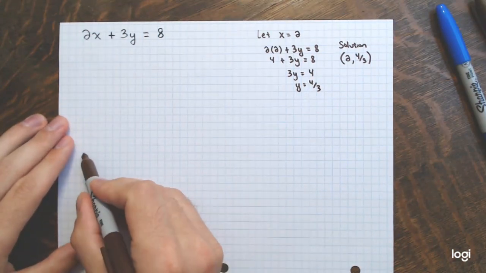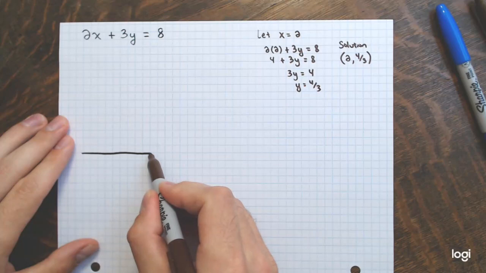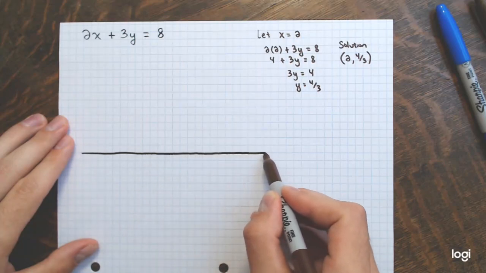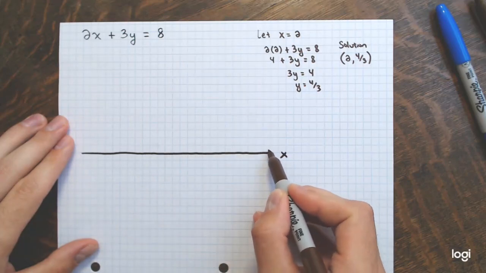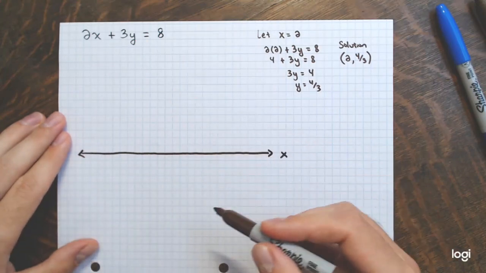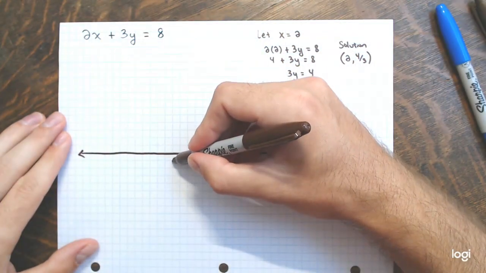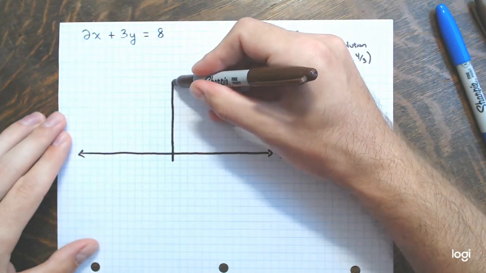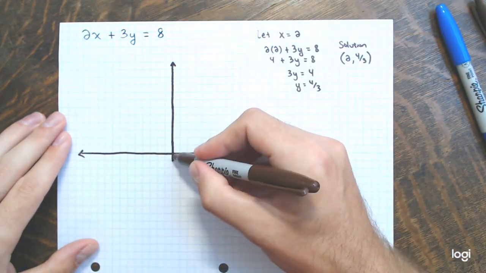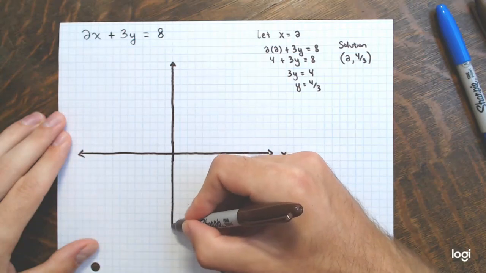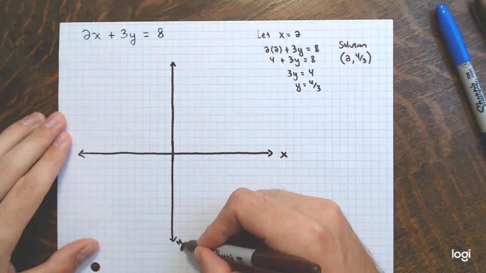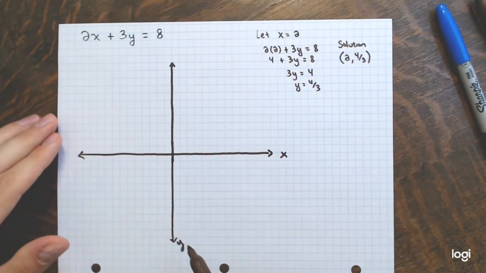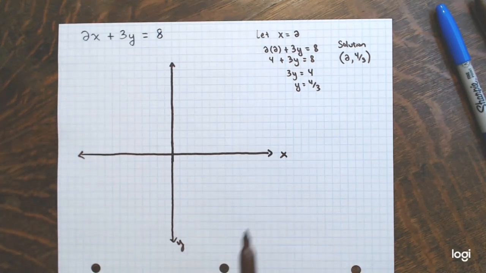So here's the horizontal x-axis, representing values of x, and then somewhere in the middle here, the vertical y-axis, representing values of the y variable. Okay. I like to label them, so I know which is which.